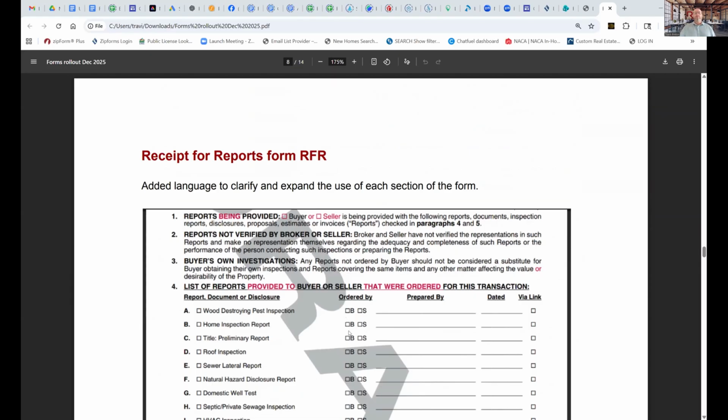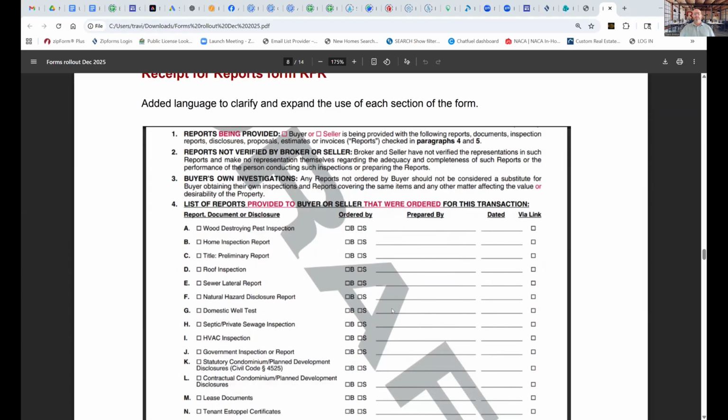Receipt for reports form, RFR. This is a great form, and I think it's underutilized. I don't actually see a lot of these come through, but this is a good form to have everybody sign in the transaction as far as the buyer and seller. So they added language to clarify and expand the use of each section of the form. So essentially, you're saying this list of reports provided to buyer or seller that were ordered for this transaction.